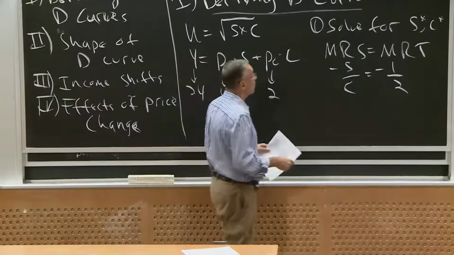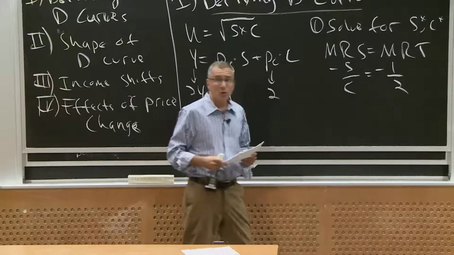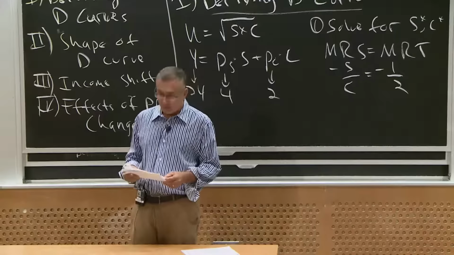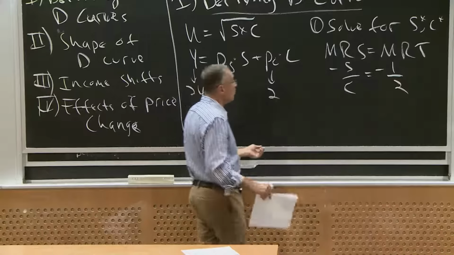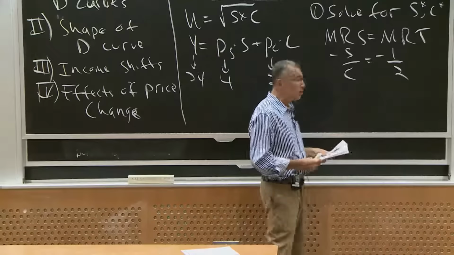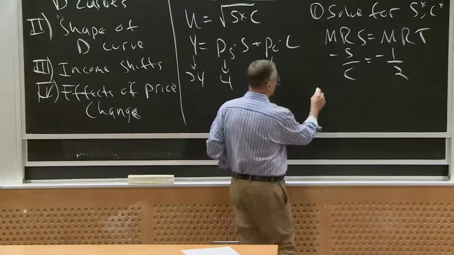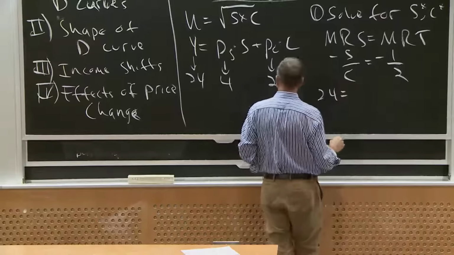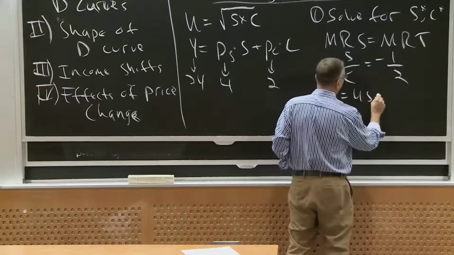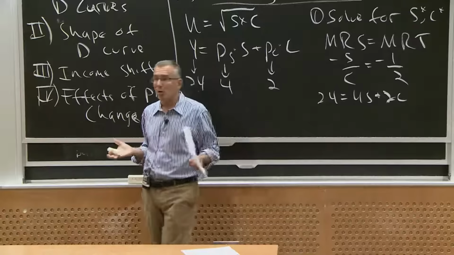Now we go to the next step, which is to say, what does that imply for optimal slices and cookies? Well, we just plug that into the budget constraint. We have this equation, which is one equation in 2 unknowns. We also have this equation, which is that 24 equals 4s plus 2c. So now we have 2 equations and 2 unknowns.